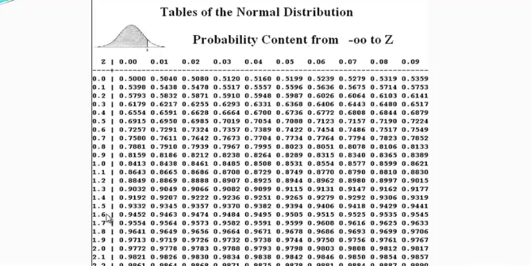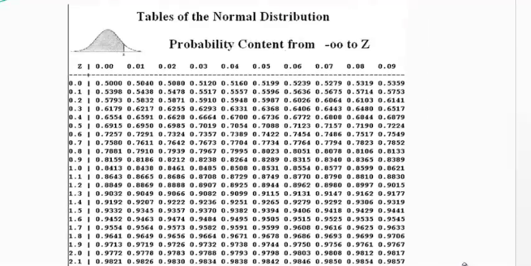This one is the 1.6 row and the 0.05 column, so it's about 1.65 either way. In other words, positive 1.65, which would be 95%, or negative 1.65 away from the standard deviation, which would be at the minimum, at the 5%. That's how you would get 90 in the middle, by putting the 95 on one side and the 5 on the other side.